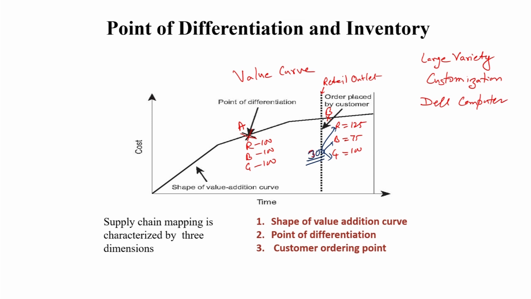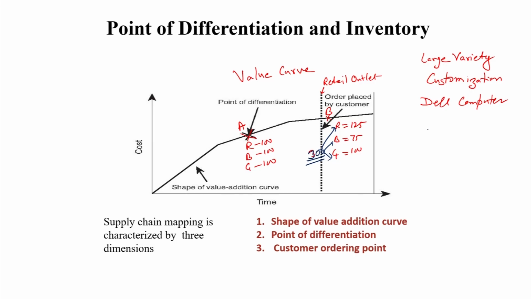So, the differentiation can be done after the customer order is received. By doing that, you can substantially reduce the inventory and the risk of overstocking and understocking. So, that is the idea here.